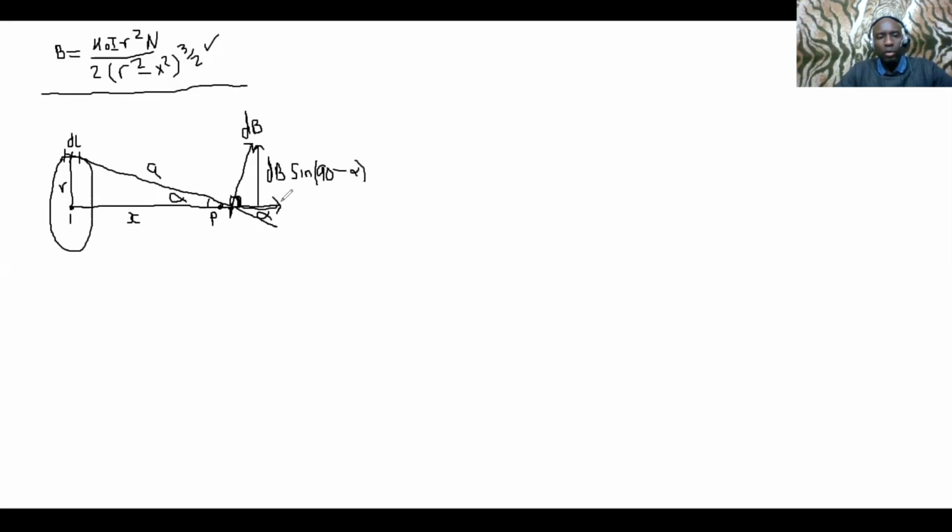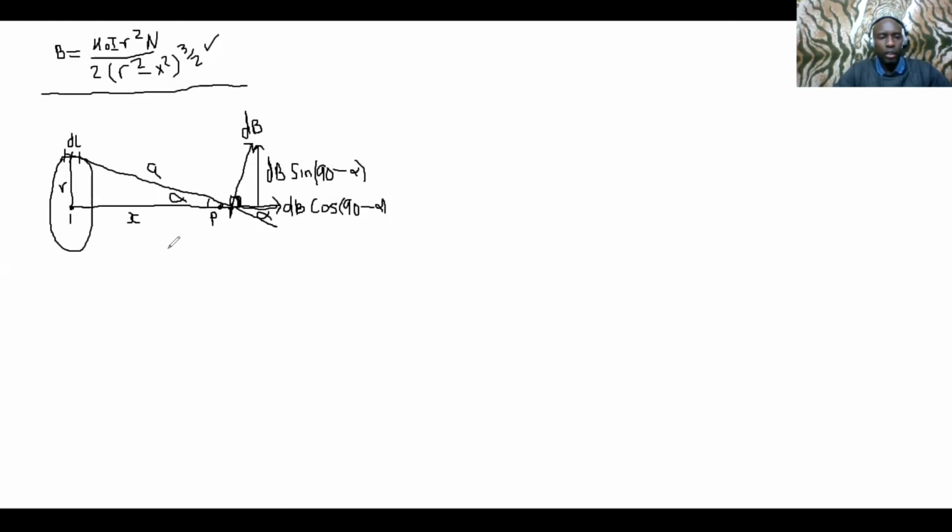The horizontal component here, the adjacent, will be dB cos of 90 minus alpha, like that. Therefore, this will be our component.